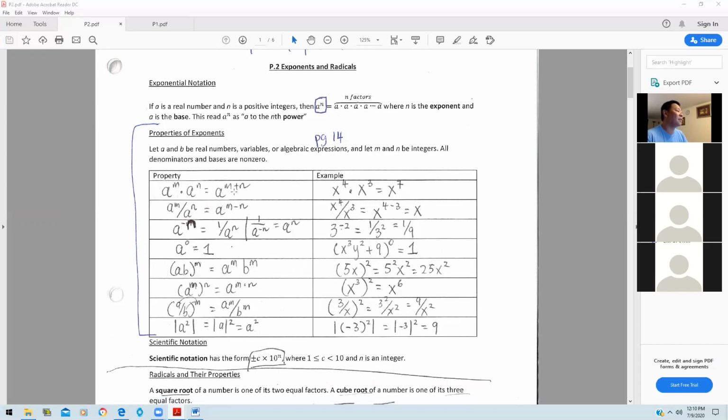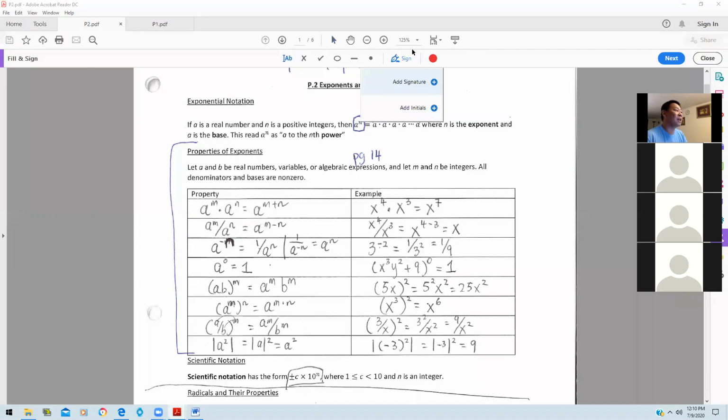The first property is: if you multiply with the same base and different exponents, you add them. This one is very important, and it's not just for my class. If you go on to college algebra, trigonometry and calculus, you still have to know these basic properties.